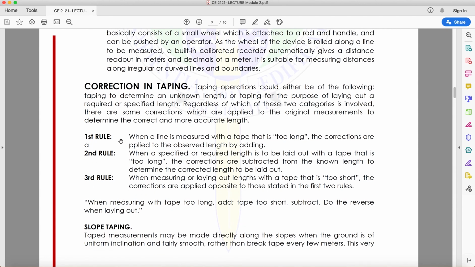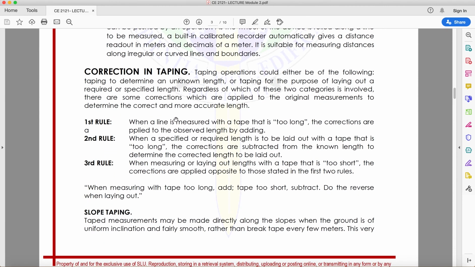So the first rule, when a line is measured, take note, this is measured. When a line is measured with a tape that is too long, then the correction to be applied is by adding. Measured, too long, then we will add. Okay? Rule number 2.